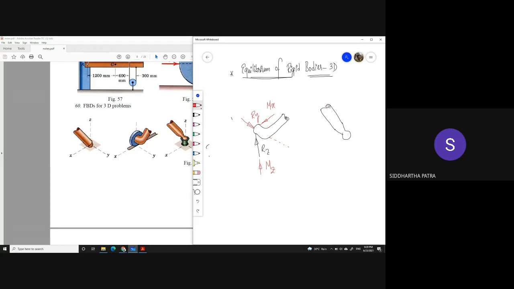Would we get any of the reaction moments? Because the ball and socket joint does not prevent any rotation, we would not be getting any reaction moment. But since it also doesn't let the object move in X, Y, or Z, you'd be getting all three reaction forces.